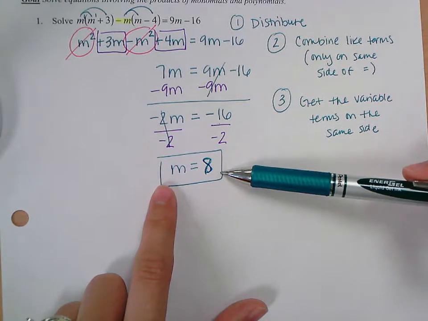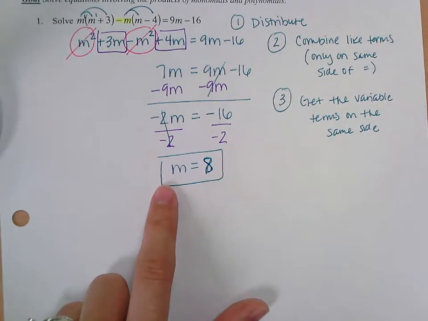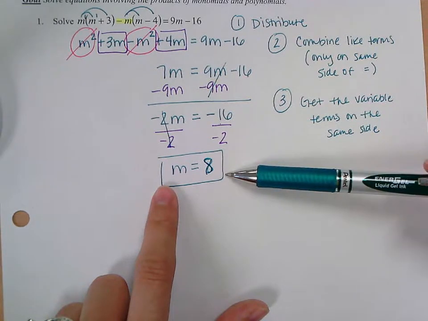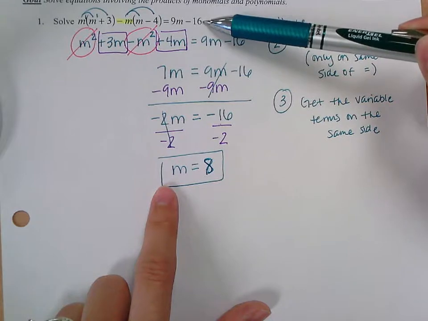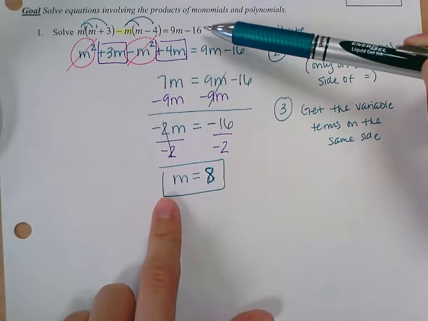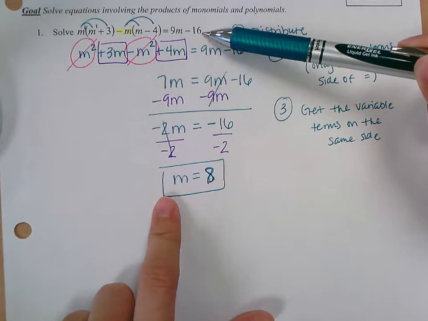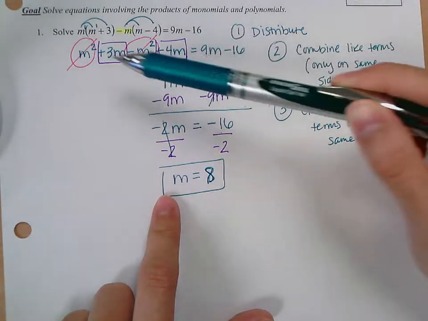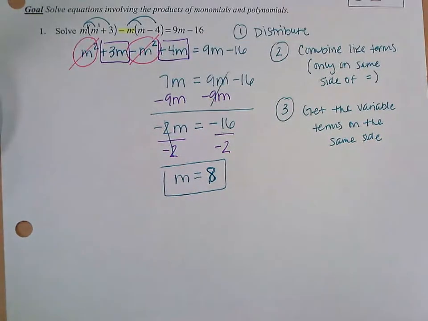How could I check to make sure 8 is actually correct? Nadia? Yes, that's correct. So I would replace every single m I see up here with an 8. And then you can do that just with your calculator. Make sure the two sides come out to be the same number. If they don't, then you know that your answer is incorrect.